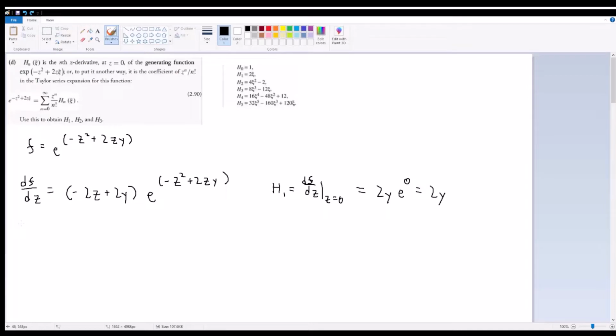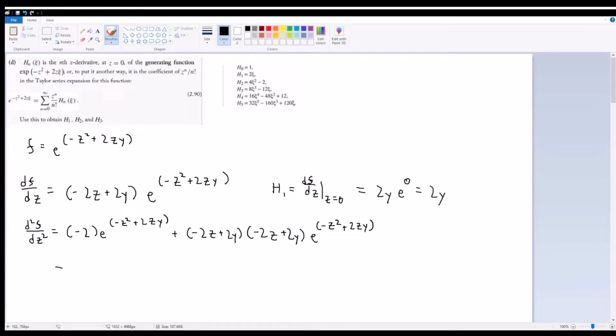Next, we take the second derivative of this, so d^2f/dz^2 is going to equal, and we have to use product rule here, so box prime times triangle. This gives us negative 2 times e to the power of negative z squared plus 2zy, and then plus triangle prime times box, so plus negative 2z plus 2y times negative 2z plus 2y times e to the power of negative z squared plus 2zy.